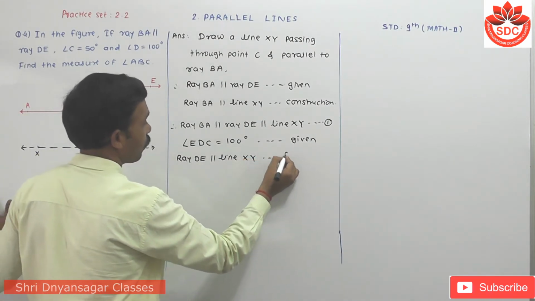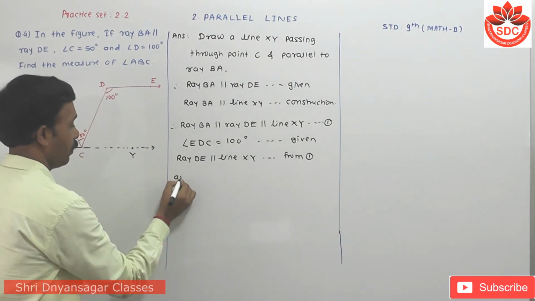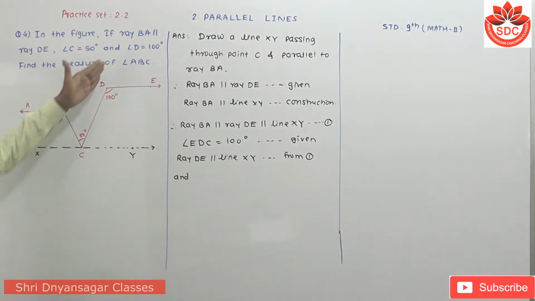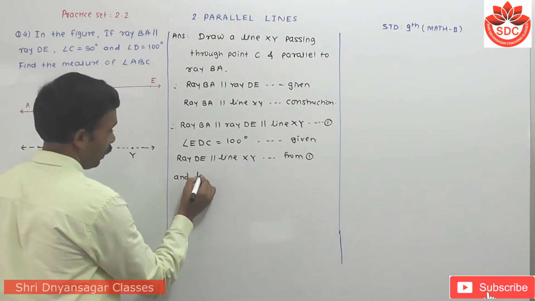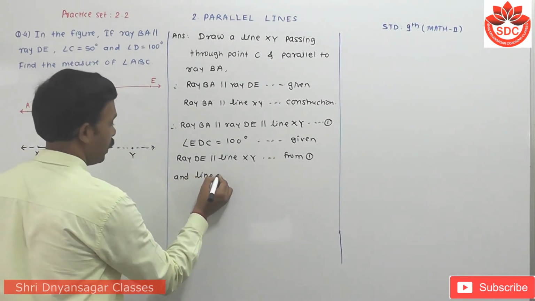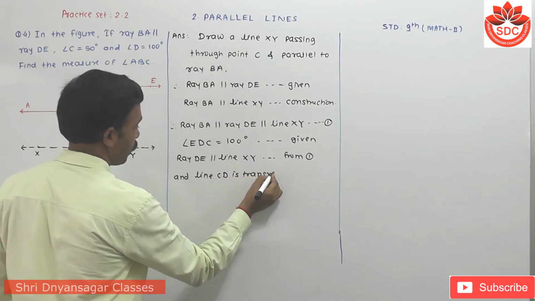This is from first, and this line CD is transversal. Line CD is transversal.